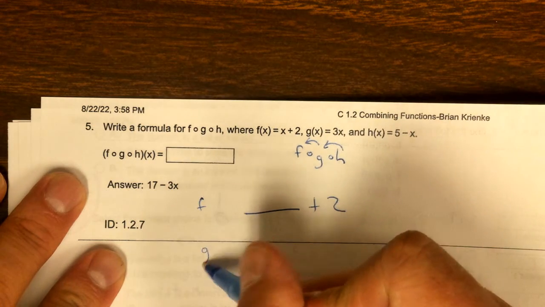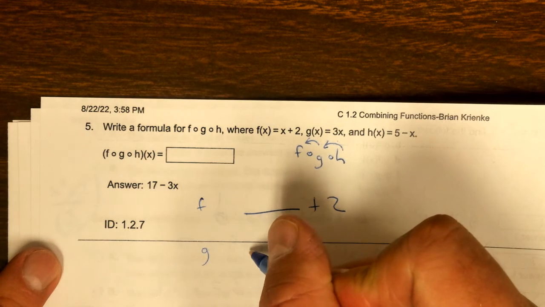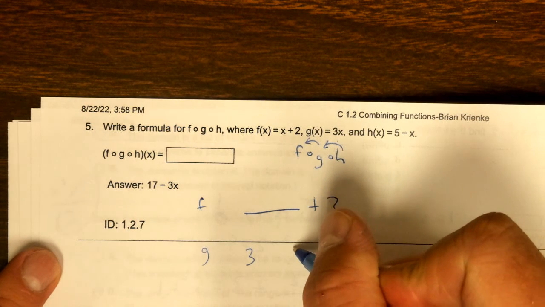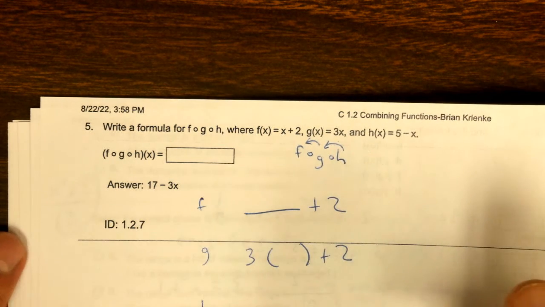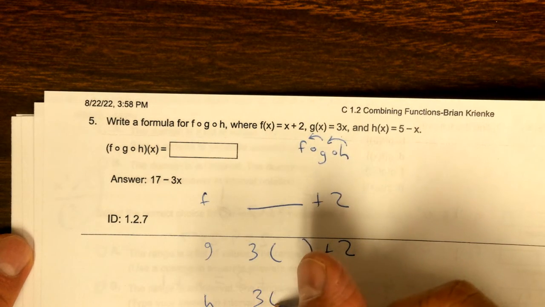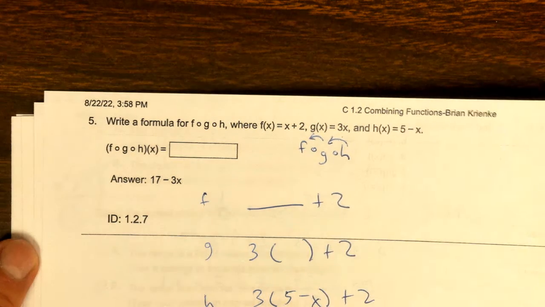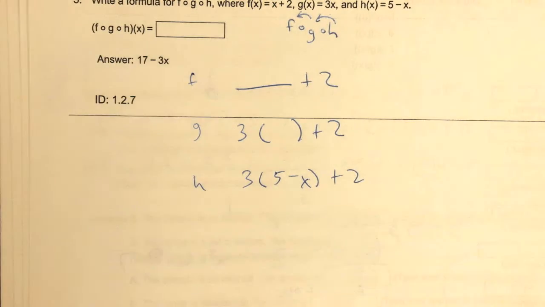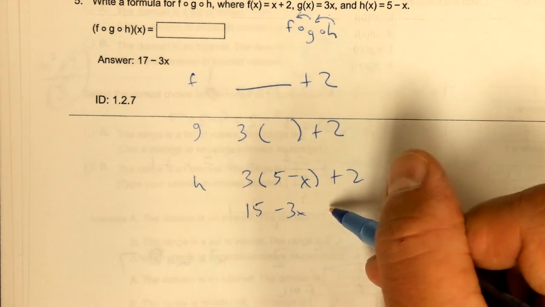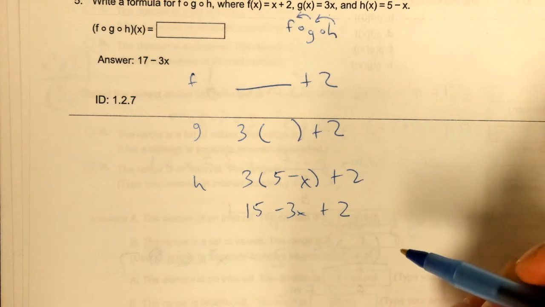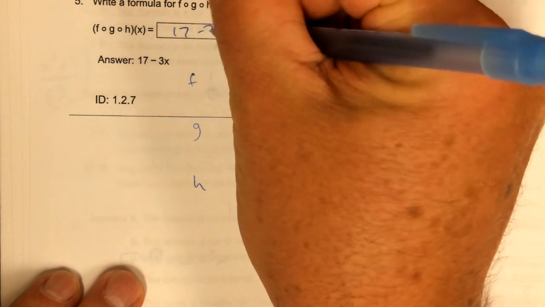And then on the G part, we're putting 3x. So that's going to be 3 times something else plus 2. And then on the H level, we've got to say 3 parentheses 5 minus x, and then plus 2. And let's see how that works out. We get 15 minus 3x plus 2. So that's 17 minus 3x, and that's the answer.